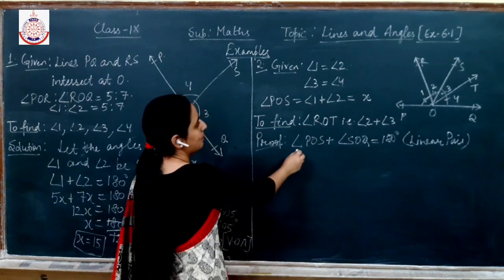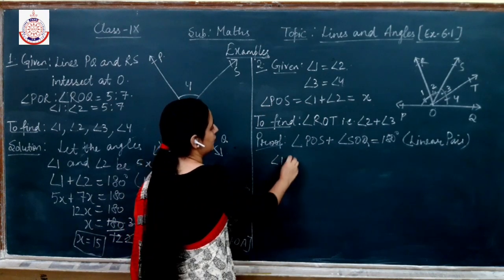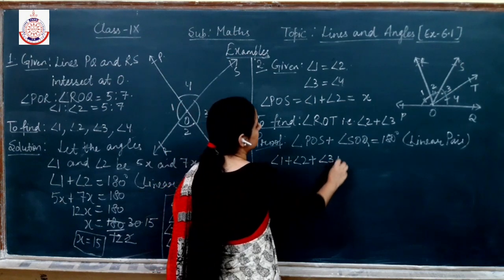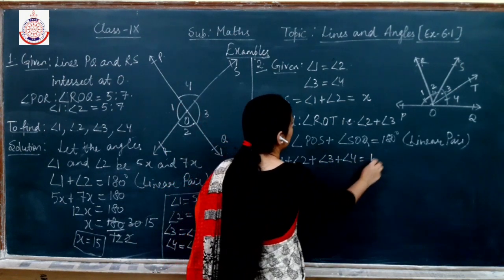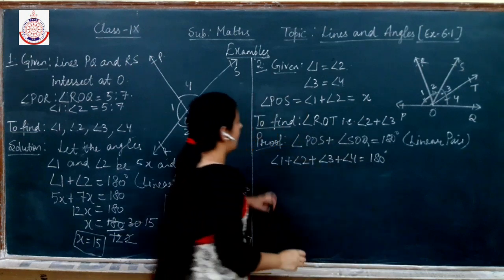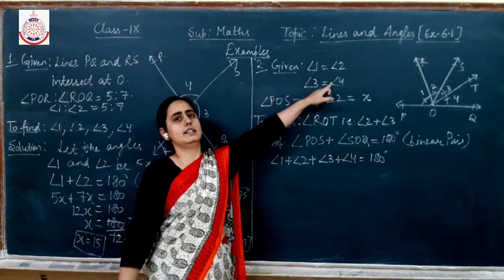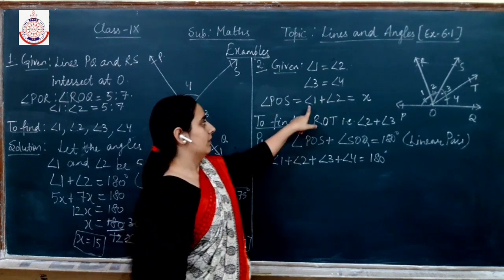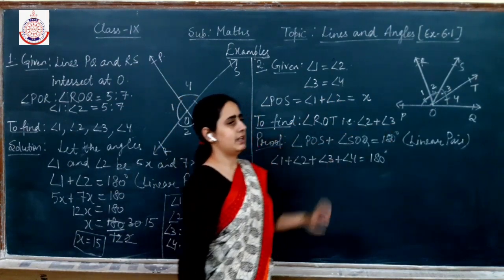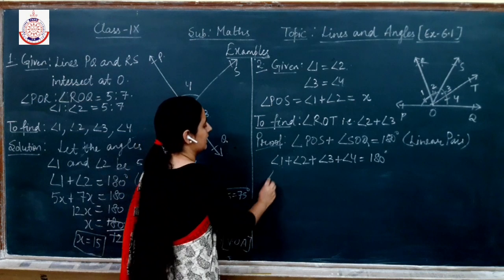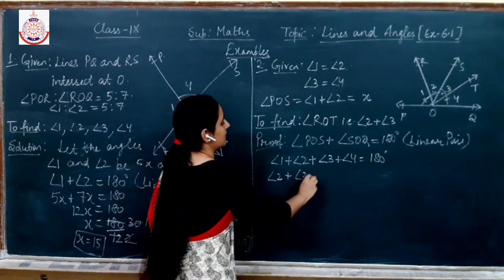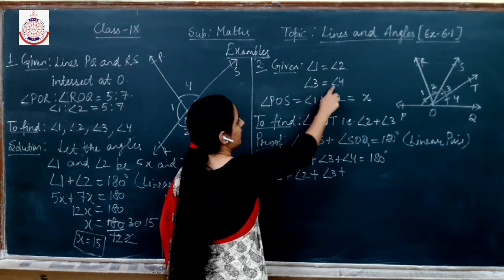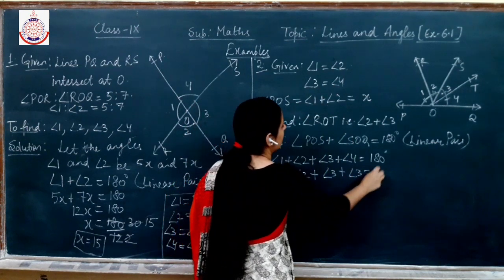Now POS is equal to angle 1 plus angle 2 and SOQ is equal to angle 3 plus angle 4. Now we know that angle 1 is equal to angle 2, angle 3 is equal to angle 4, and I want the value of angle 2 plus angle 3. So I will replace angle 1 by angle 2 and angle 4 also I am replacing with angle 3, because they are equal.